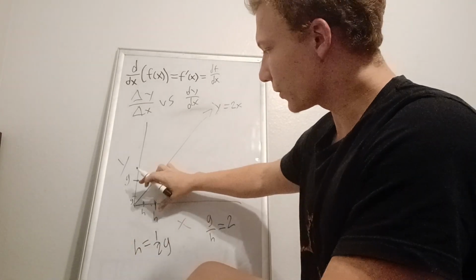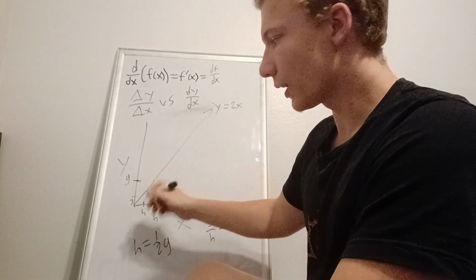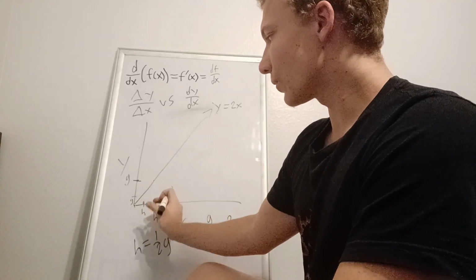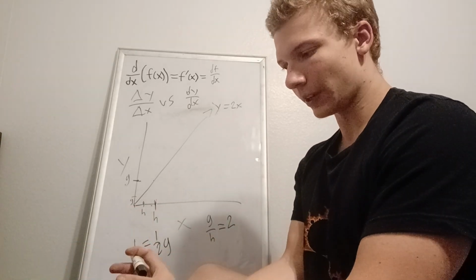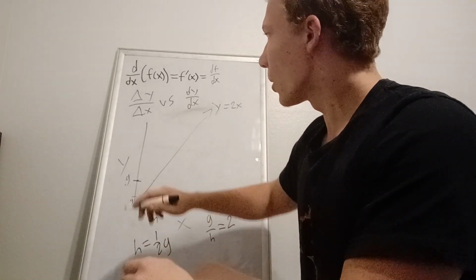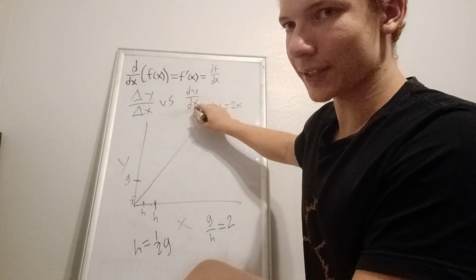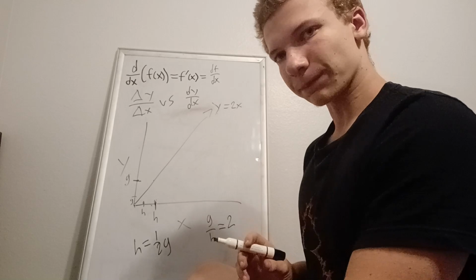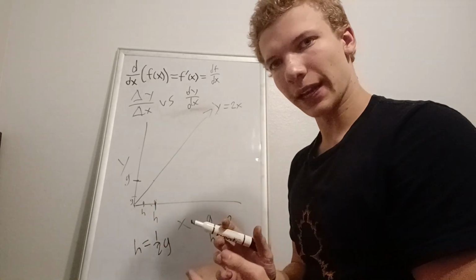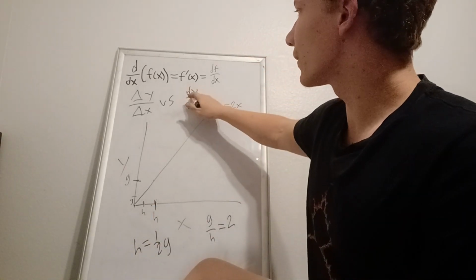So, as you shrink h, it gets infinitely small. We have an infinitely small change in x, which is what we described dx as. And it's the same thing for g. When you shrink it, it's an infinitely small slice of y, which is our dy.